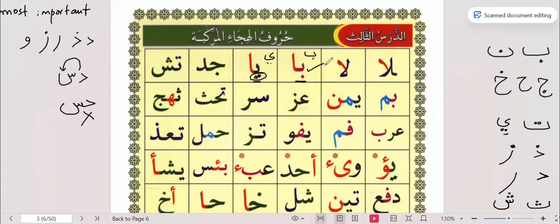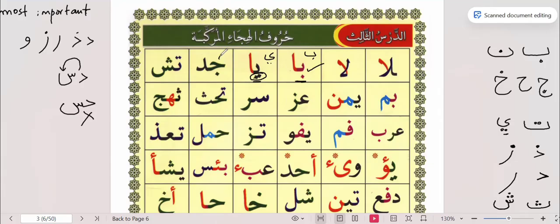And Jim, when you see a dot at the bottom or in the tummy, where the tummy is curved in and joined with letter dal, there you must be able to identify.